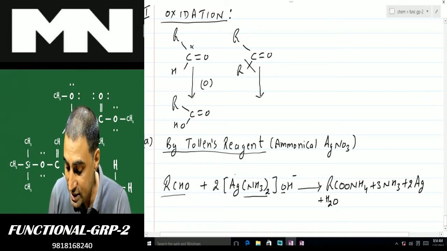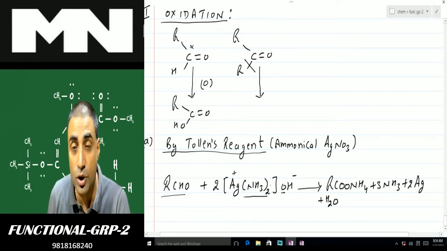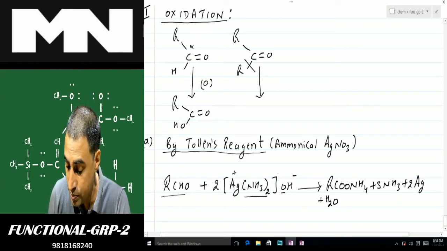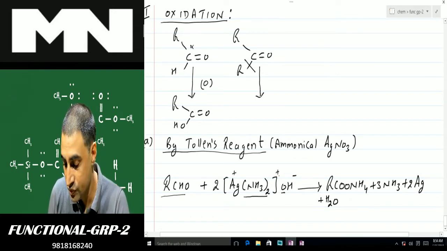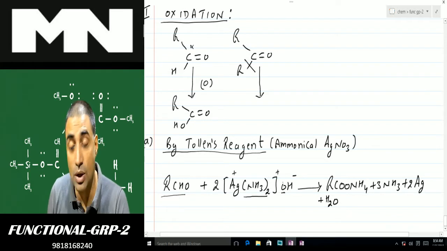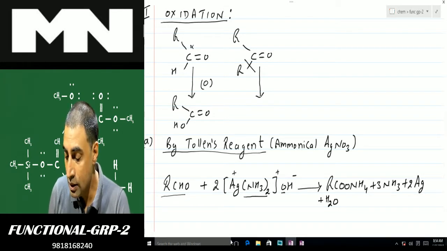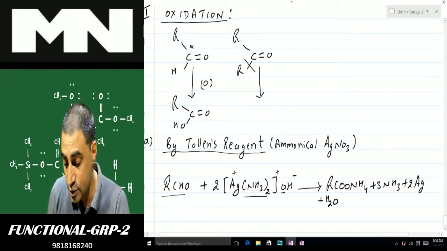Silver in this case is in +1 oxidation state because you have got a +1 charge on the whole of the compound in the square bracket. OH negative is counterbalancing that charge. So that means that positive charge is coming from silver because ammonia itself is neutral. So here the oxidation state of silver is +1, here the oxidation state of silver is 0.